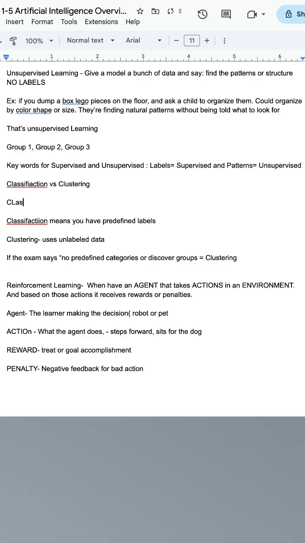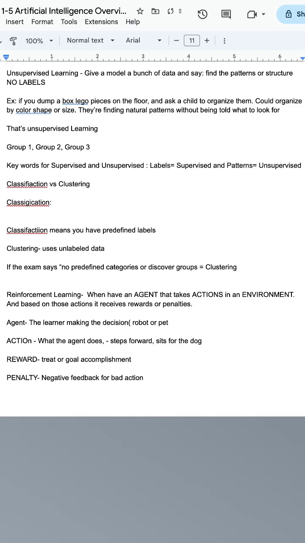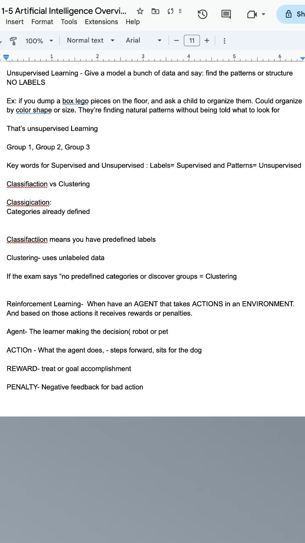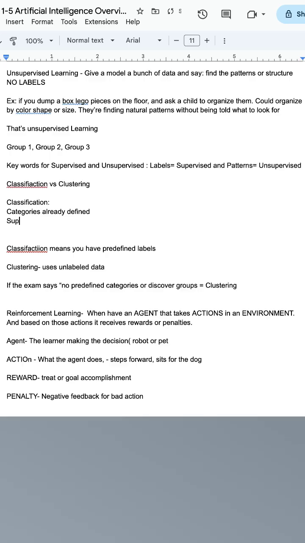Classification usually has categories already defined, so which one does it count as? Would classification be unsupervised learning, or supervised learning? Classification is supervised learning.